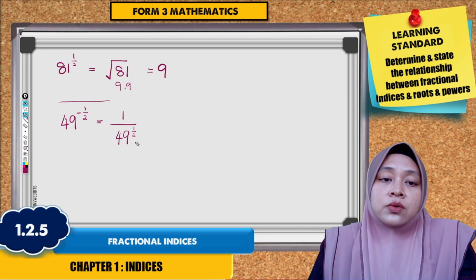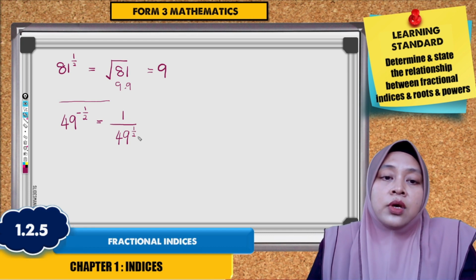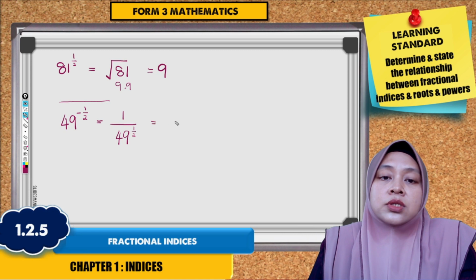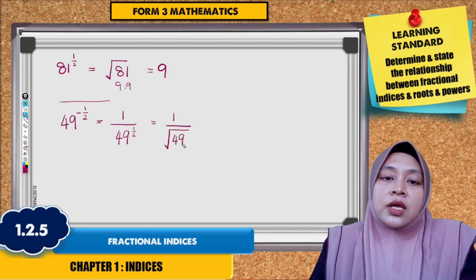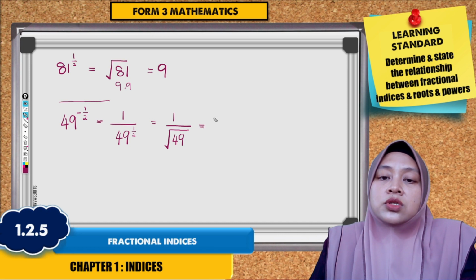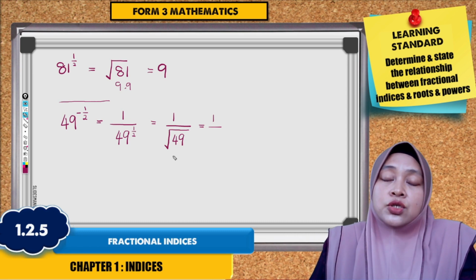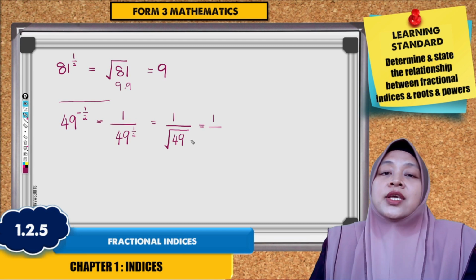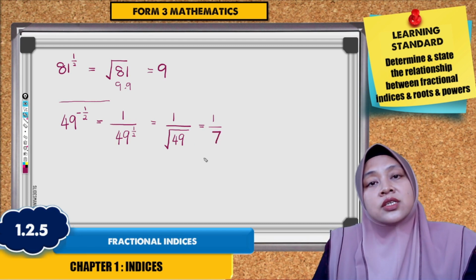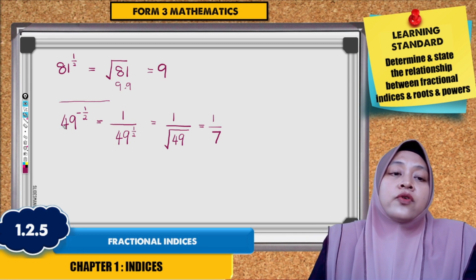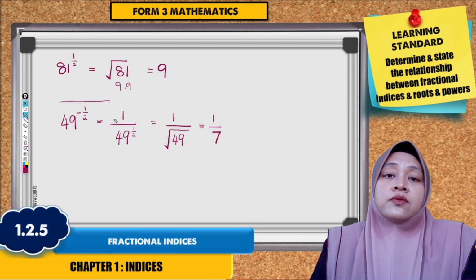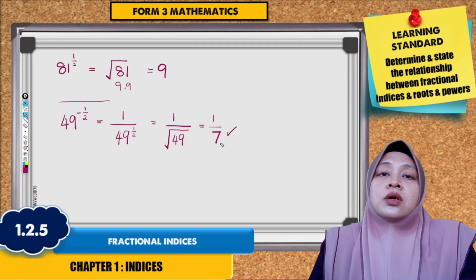Then we have learned that if we have the power of 1/2, we change it to the square root of 49. So it equals 1 over what number that you multiply 2 times to get 49? The answer is 7. As I said before, you can use a calculator. So 49 to the power of negative 1/2 gives the answer 1 over 7.